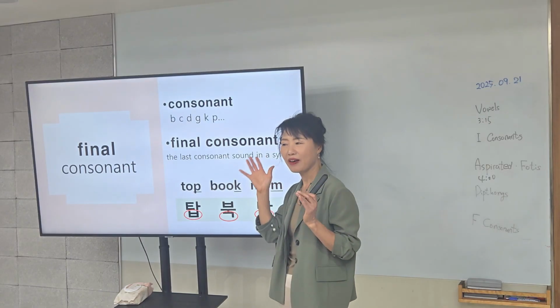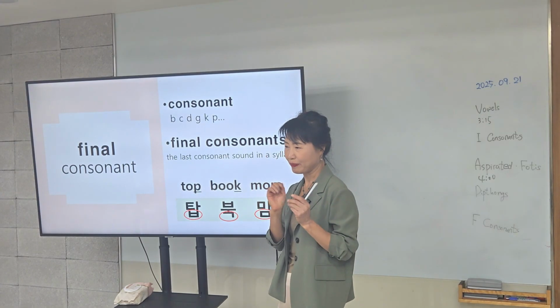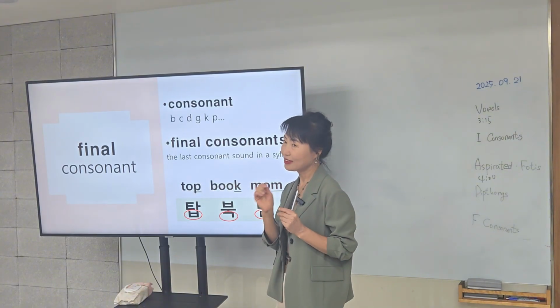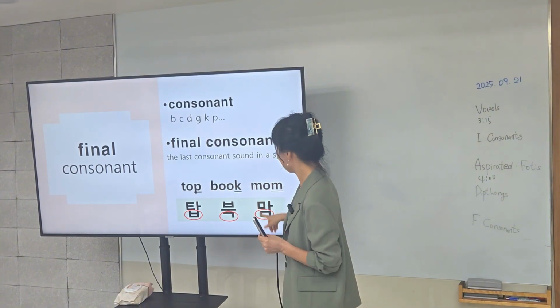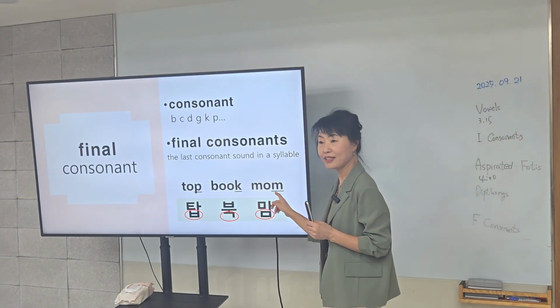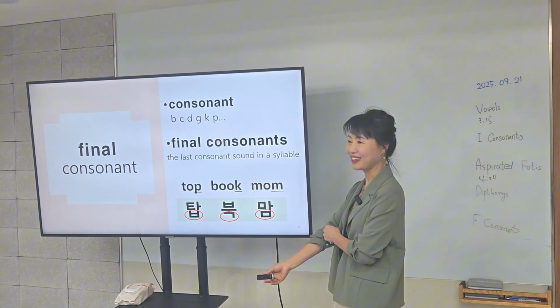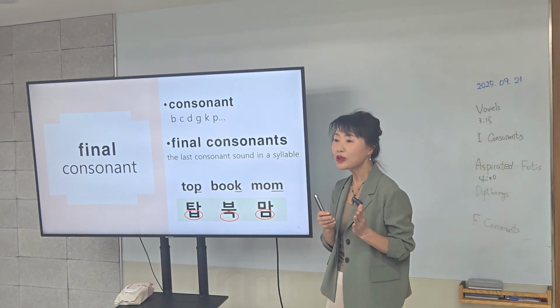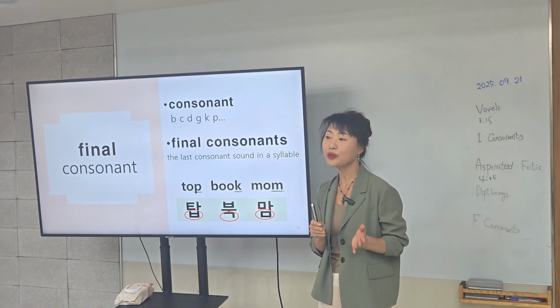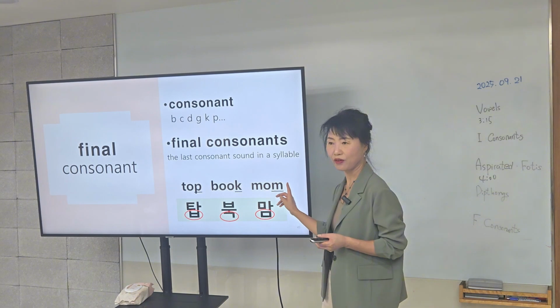So have you ever wondered why we use same consonant for both initial and final consonant? So for example, mom. So like this, they use the same consonant. This is why the movement of your vocal organ moves in the same way when you pronounce initial consonant or final consonant.